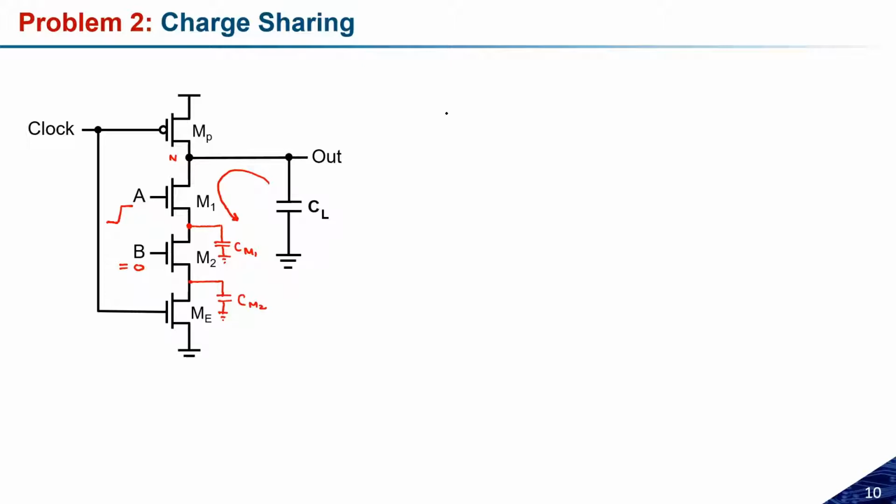Because the circuit is in the pre-charge mode, I'm assuming the maximum voltage at the output is the supply voltage VDD during the pre-charge mode. So if I apply the charge conservation, what will I get? I will get CL into VDD.